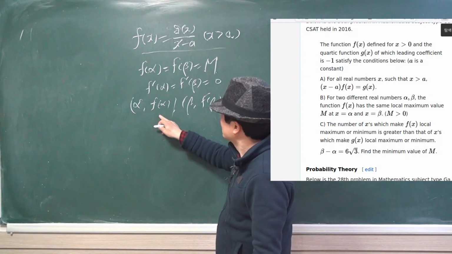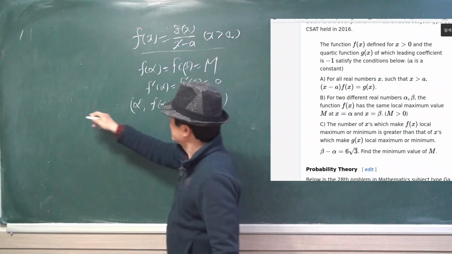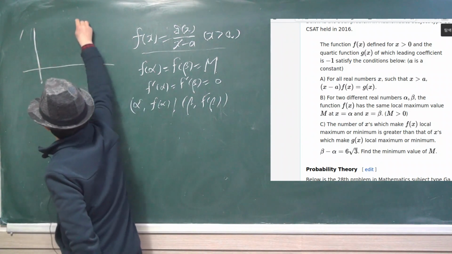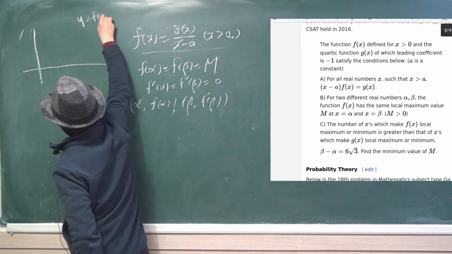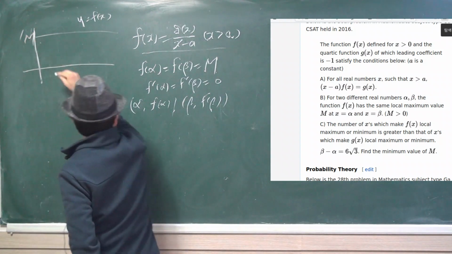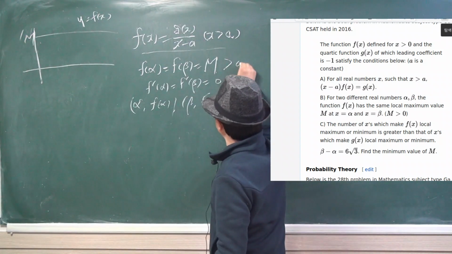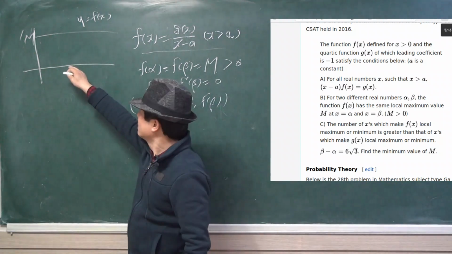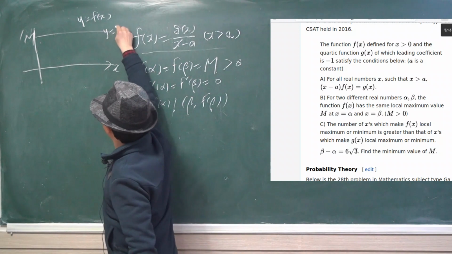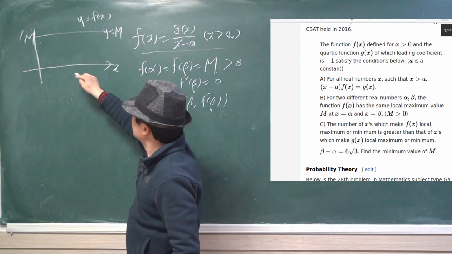So we can sketch f(x) like this. Y equals f(x). There is a positive number m, a line parallel to the x-axis. So this is y equals m.